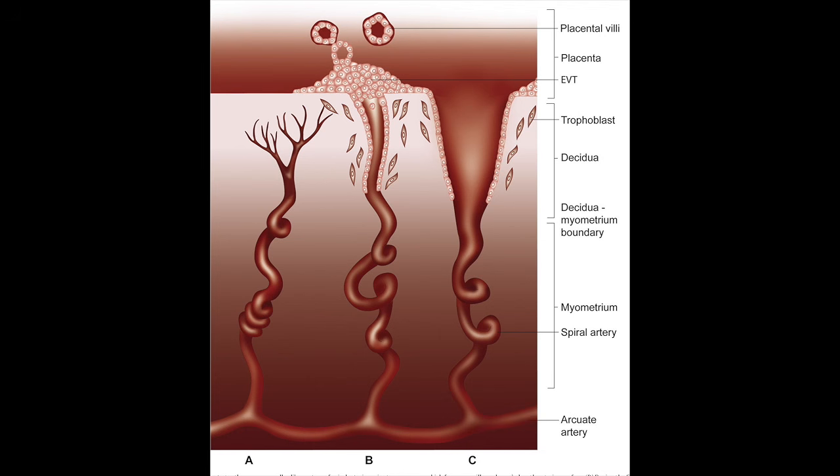There are multiple mechanisms, but one of them is maternal hypotension. If mom is hypotensive, then she will have reflex vasoconstriction of her spiral arteries, which are the arteries that are attached to her uterus, but this also belongs to her circulatory system.